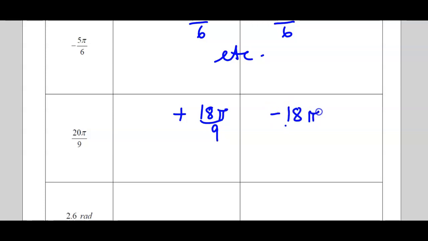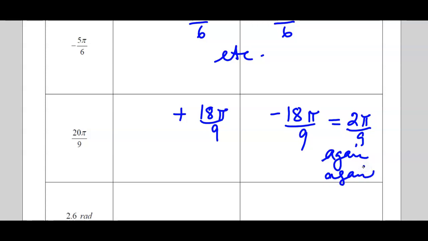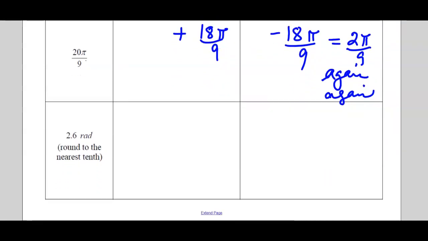Subtract 18 pi over 9. Now doing that in this one would still give you a positive 2 pi over 9. So that's not done yet, right? We'd have to subtract another 18 pi over 9 in order to finally get a negative. So again and again. And you can use your calculator, so that's pretty straightforward. So I'll leave those ones for you to finish off.